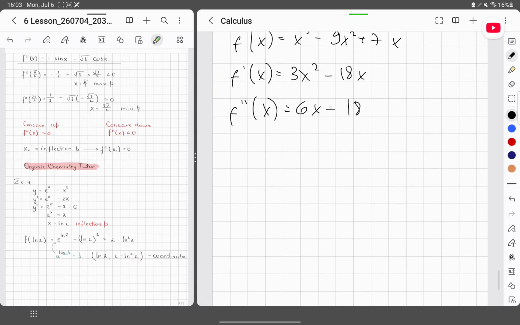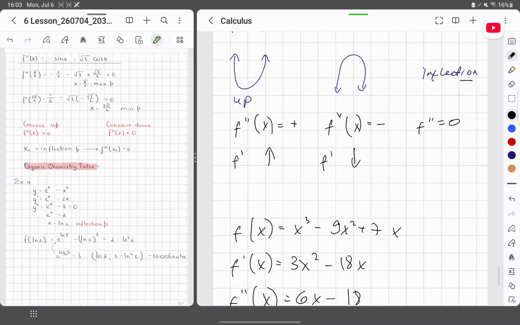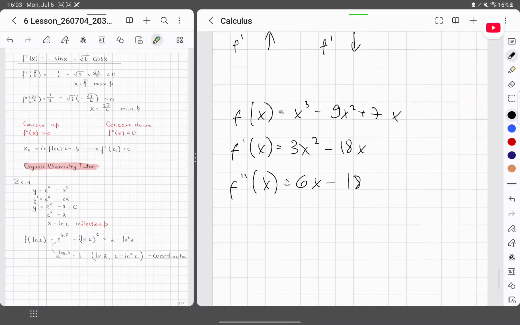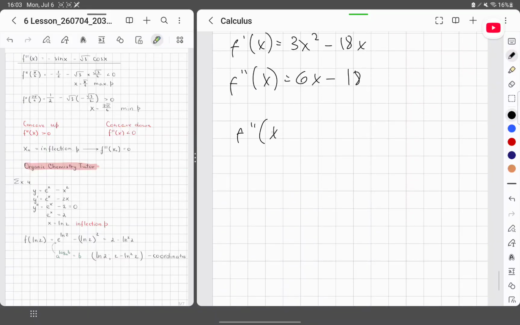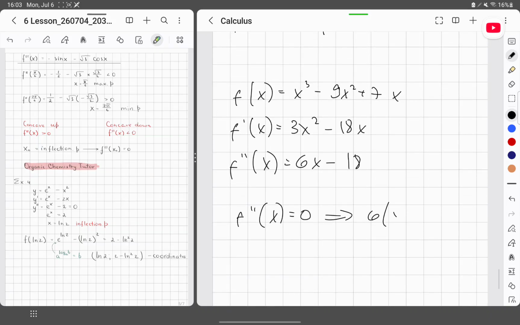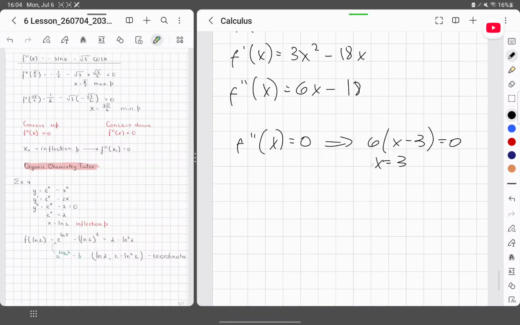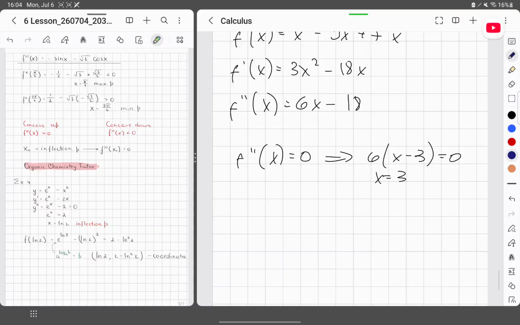If we want to find the inflection point where it's 0, we need to make this 0. 6 times x minus 3 is 0, and x will be 3. So that's our inflection point.